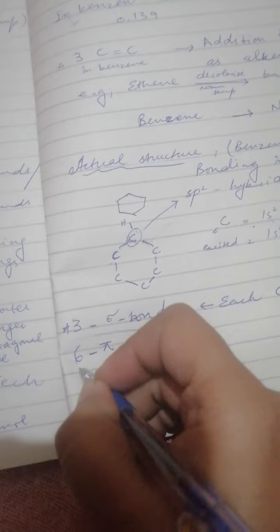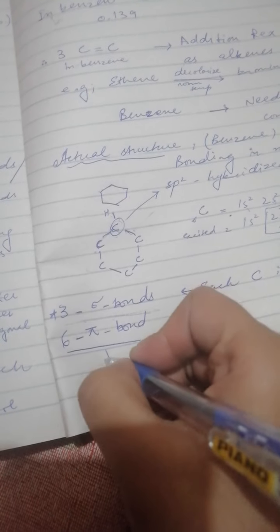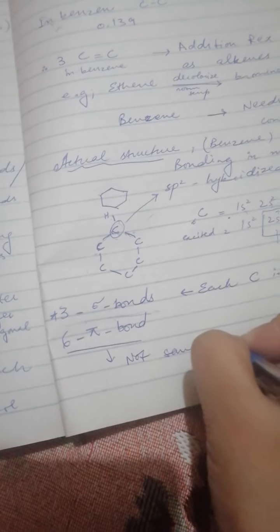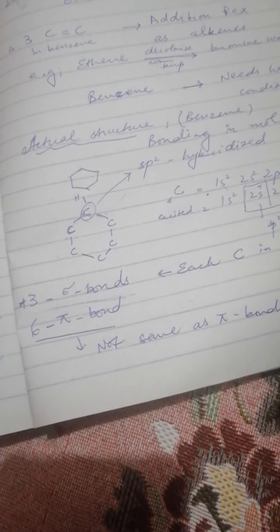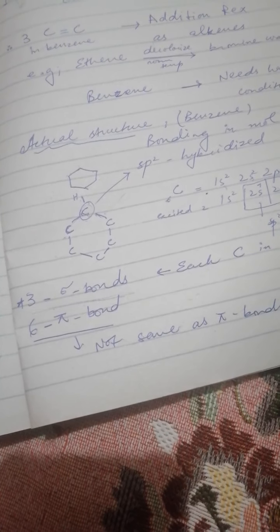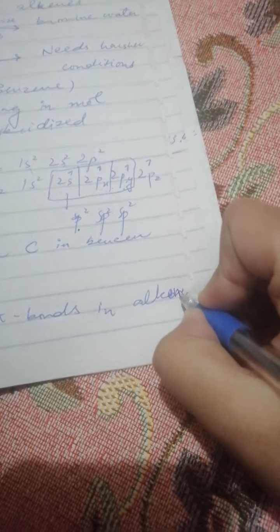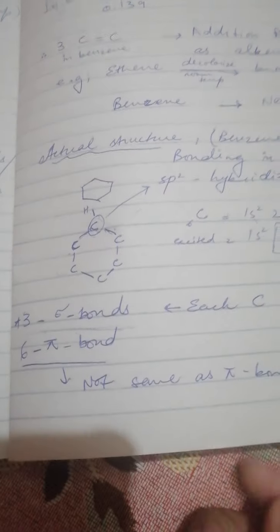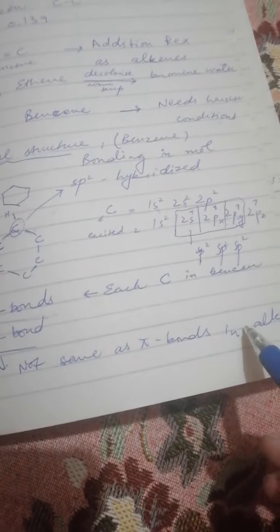These six pi bonds formed in the benzene ring are not the same as the pi bonds in alkenes, with a C=C bond.